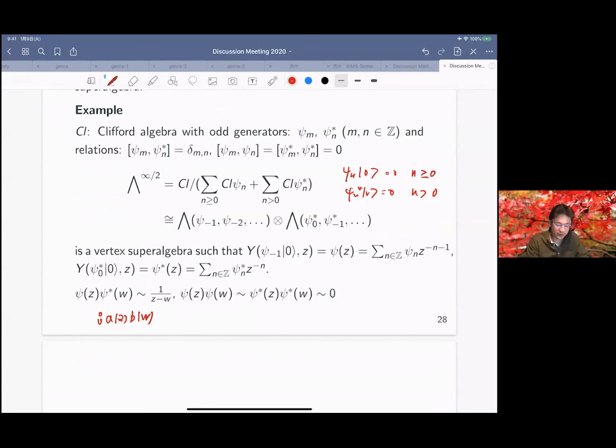So this was something like A(z)_+ B(w) plus B(w) A(z)_-, but you need some sign here, something like (-1) to the power of the parity of B times A. Okay, thank you.